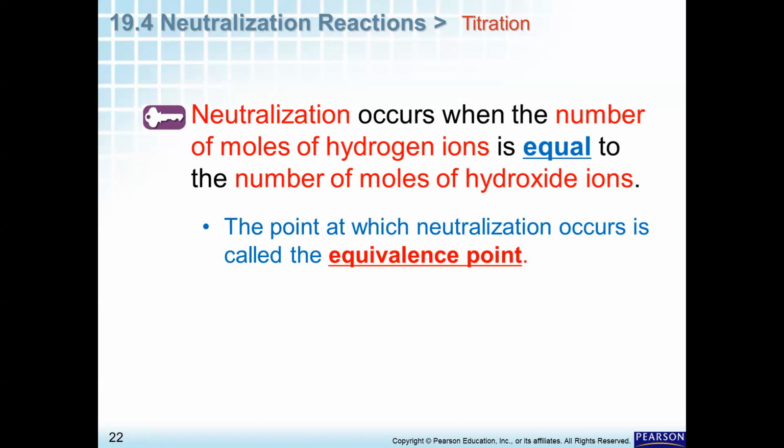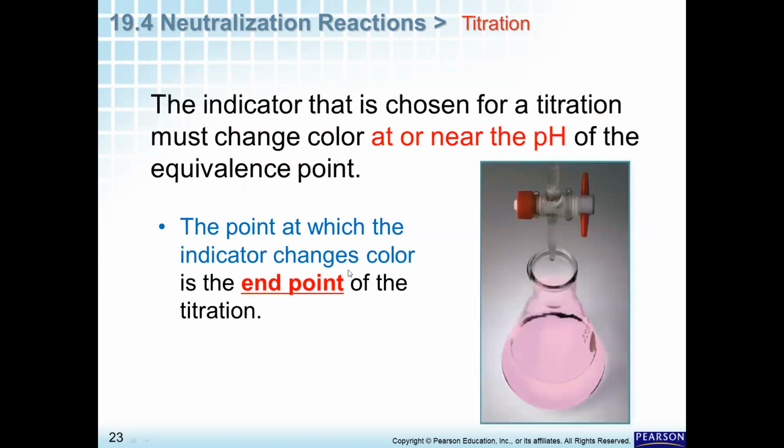But there is something called the endpoint. So what is the difference between an equivalence point and an endpoint? The equivalence point is where exactly the number of moles of H plus is equal to the number of moles of hydroxide ion. But the endpoint is the one where the color just turned on or changed. That is exactly 1 or 2 drops after the equivalence point. So we keep adding until we reach the equivalence point.